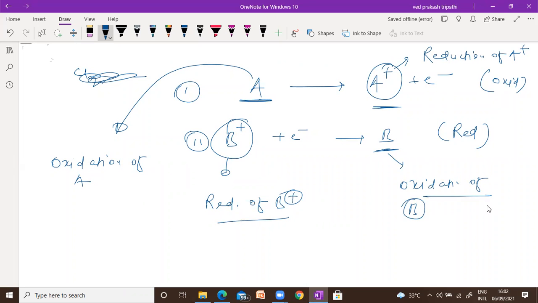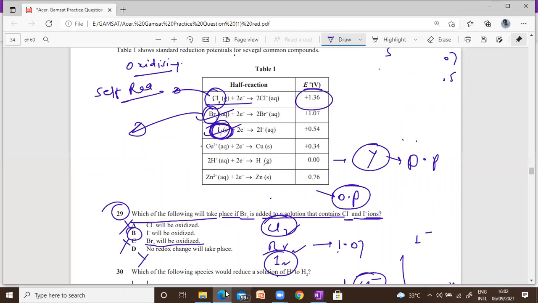Same thing we can say here in the table. You can see here, Cl2 will take the 2 electrons, so Cl2 reduction, so Cl minus oxidation, oxidize.